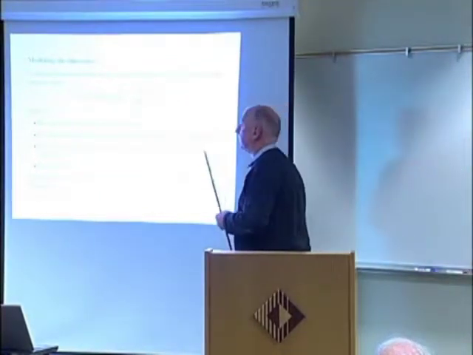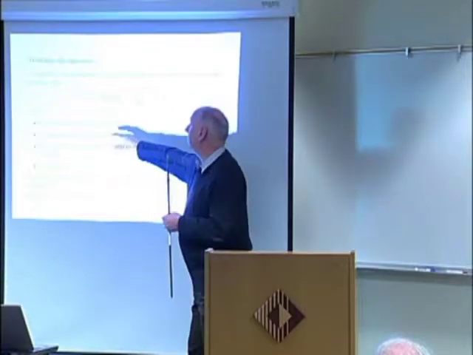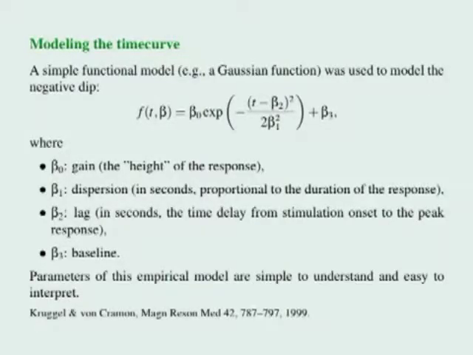I'll later get to why we're choosing the Gaussian function over here. Suffice to say for this moment that I just want to explain the parameters to you. So we have something like the gain or the height of the response, which is beta 0 over here. We have beta 1, which is the dispersion, sort of the width, proportionate to the duration of the phase. We have the lag, which is the time to the mean, the time to the maximum of the response.